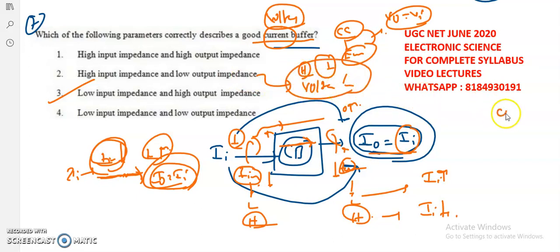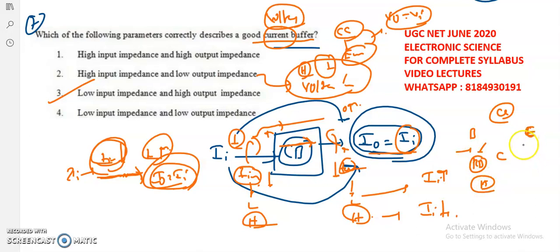Why? Because while coming to the common collector configuration, what are the input terminals we are going to take? Collector is the common, base and collector are at the input side, and collector and emitter are at the output side, right? So base and collector at the input side means we have to reverse bias the base-collector junction, and we have to forward bias the emitter junction. If we reverse bias the collector-base junction, then automatically the input impedance is high.